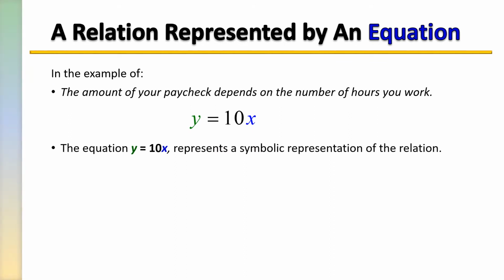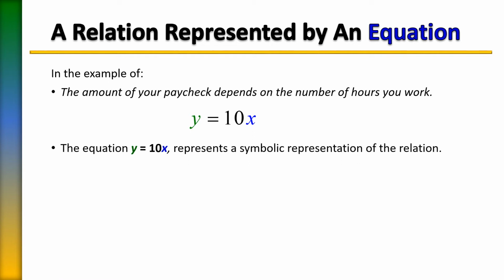We can also represent this same relation as an equation. Again, the amount of the paycheck will depend on how many hours she puts in. So we can write this as y = 10x.